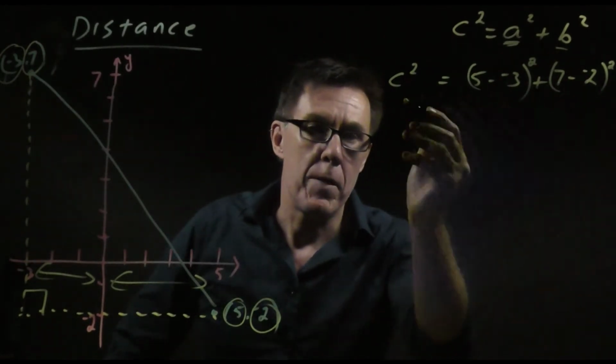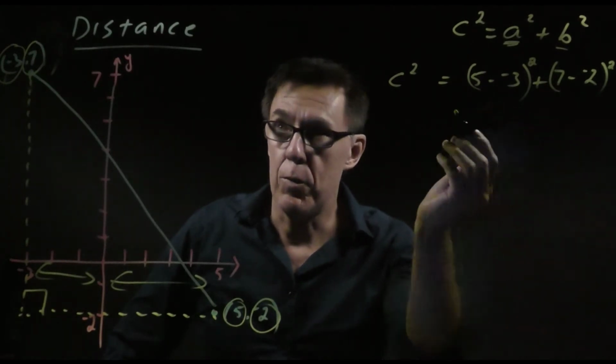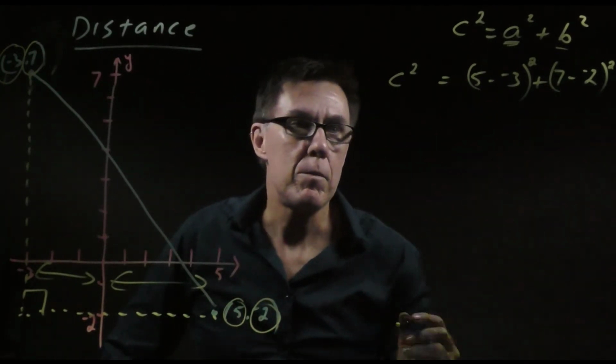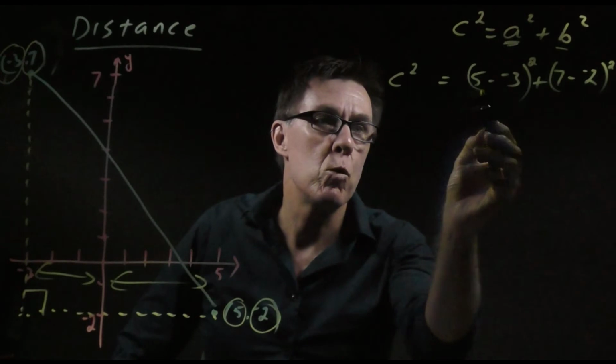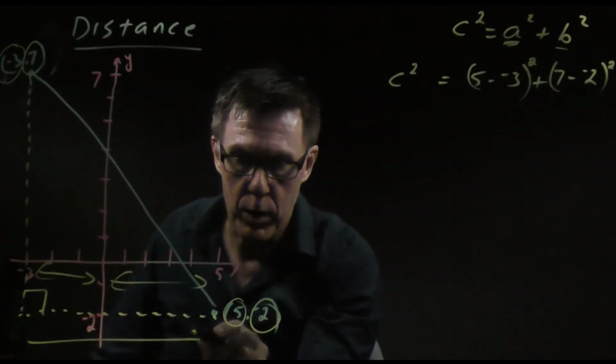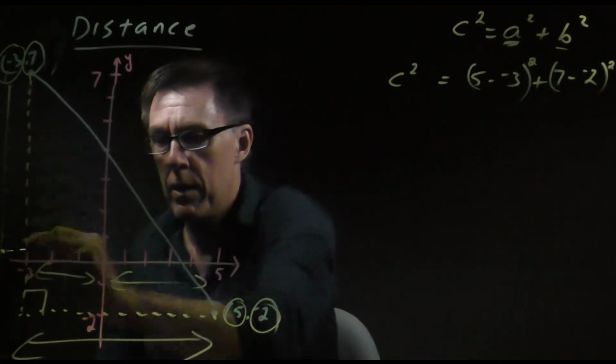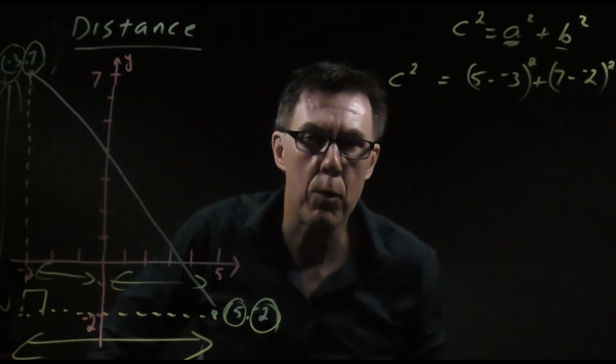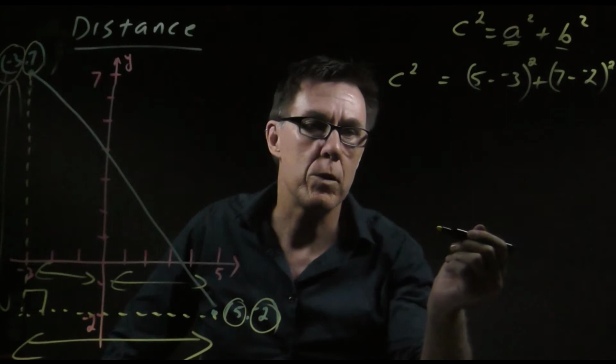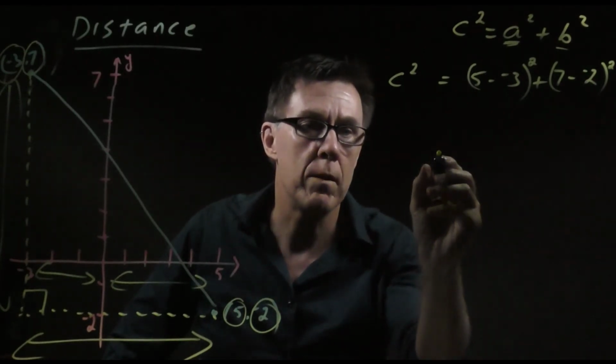Now, what we have here is actually the beginnings of what the distance formula is. So what I did here was, to work out the distance that I travelled in the x direction, I subtracted the x numbers. And then the distance I travelled in the y direction, I subtracted the y numbers. So let's do that.